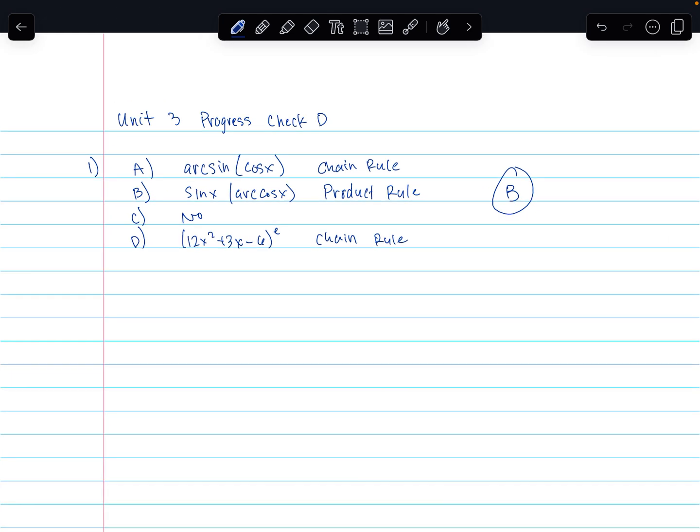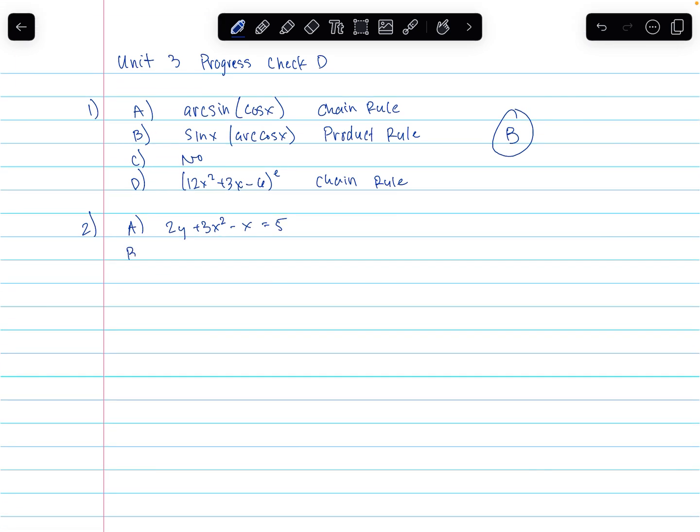Okay, for the second question that we have here, which of the following requires the use of implicit differentiation? Well, this one's really easy. I'm not even going to really talk about this one. Wait a minute, hold the phone, I spoke too soon. For A, you have 2y plus 3x squared minus x is equal to 5.